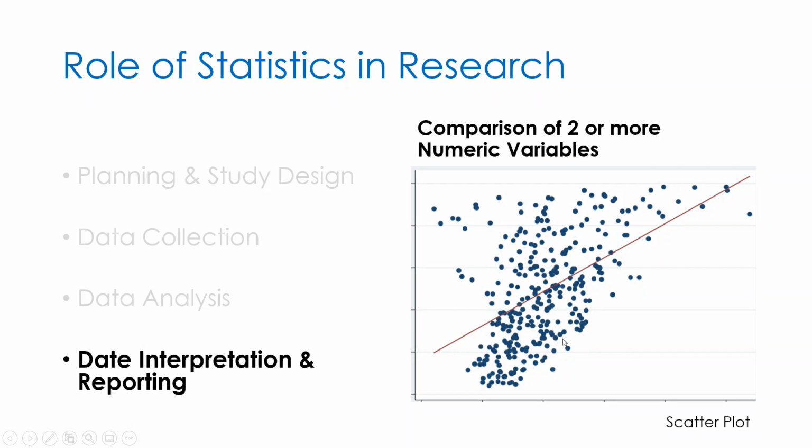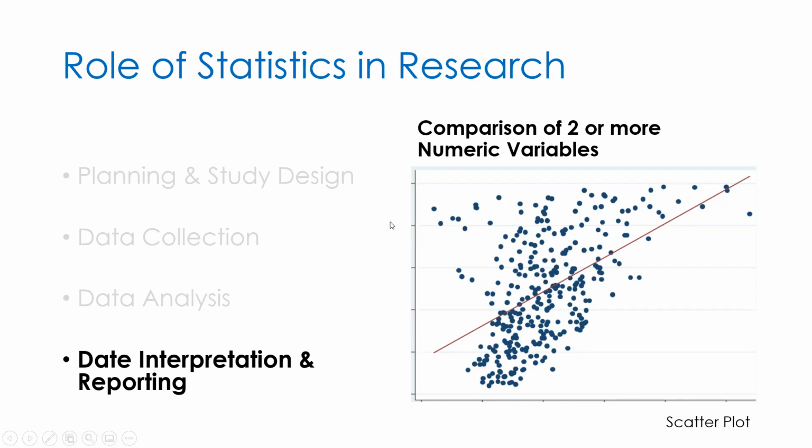Once you finish the scatter plot and you draw the best fit line through it, that should give you an idea about what kind of relationship exists between height and weight. Because if everything is clustering around one point, then you know that the majority of the population, weight and height are related with each other.